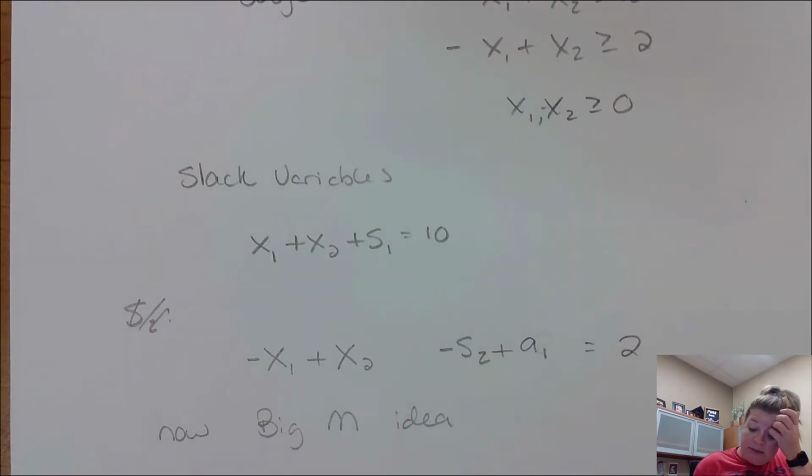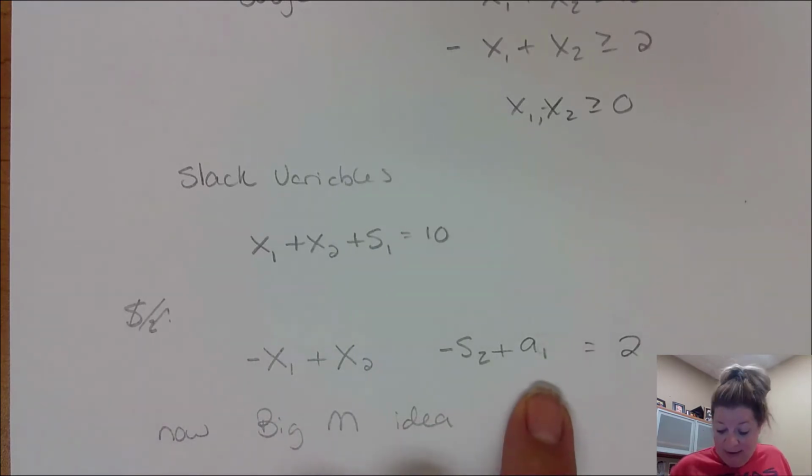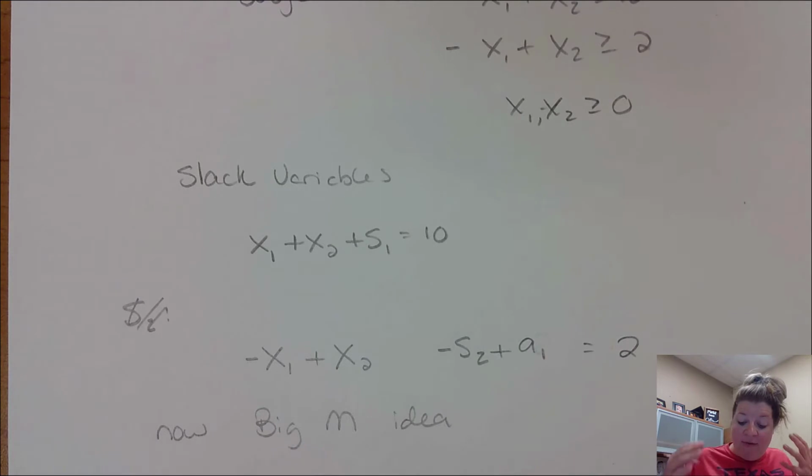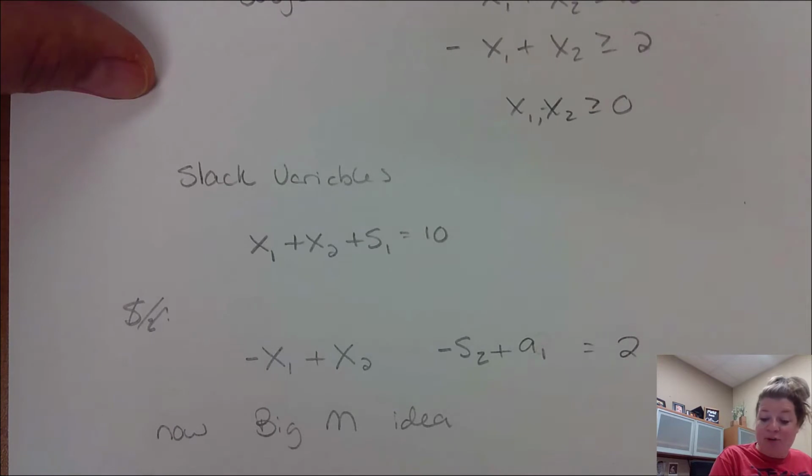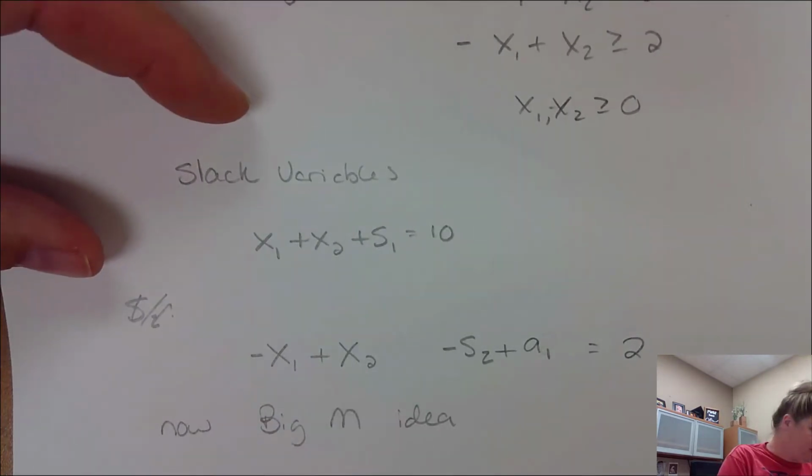To prevent the artificial variable from becoming part of our optimal solution to the original, we introduce this M. And the idea is this number is so big that we just call it M, the big M. So we add this M to our objective function.